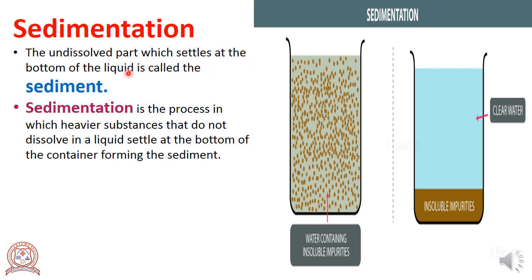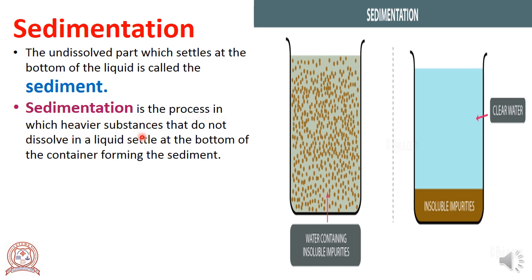Look at the point once more. What is sediment? The undissolved part which settles at the bottom of the liquid is called the sediment. And in the picture you see, sediment will settle at the bottom of the beaker. Now what is the process called?